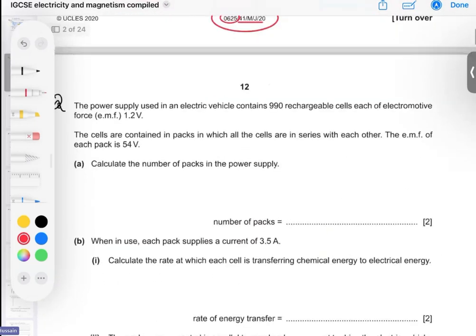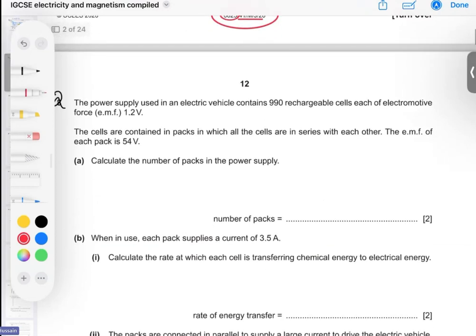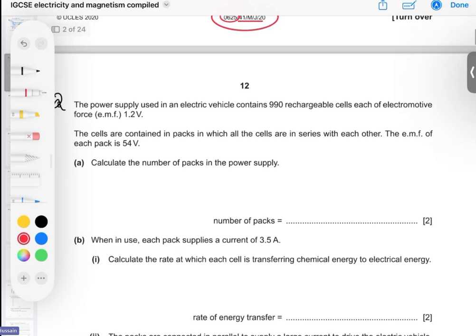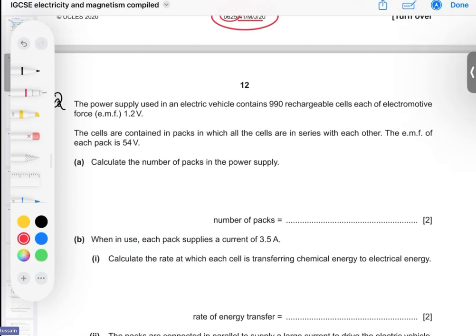Then the second question, from the same paper, June 20, paper 4-1, question number 8. The question says that the power supply used in an electric vehicle contains 990 rechargeable cells, each of electromotive force 1.2 volts.